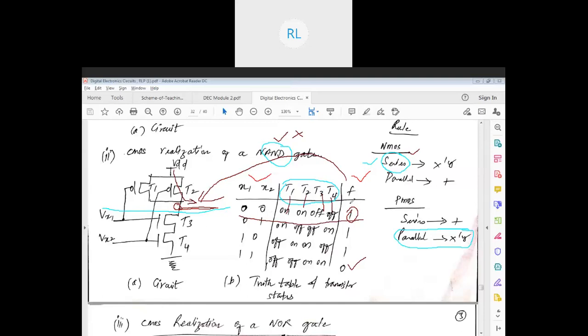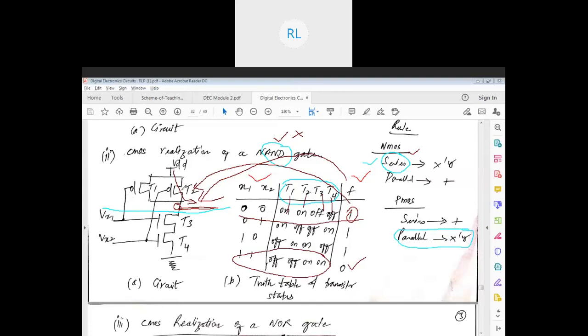So T3 and T4 are off, T1 and T2 are on. What happens if T1 is on? VDD gets passed to the output. And what is my output here? 1. So am I getting 1, VDD? Yes. This is how you have to analyze.